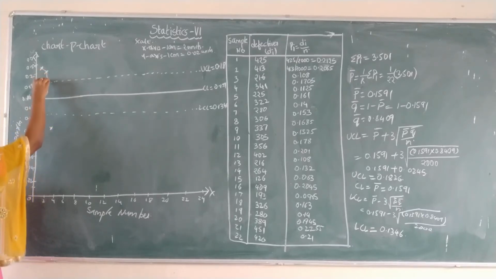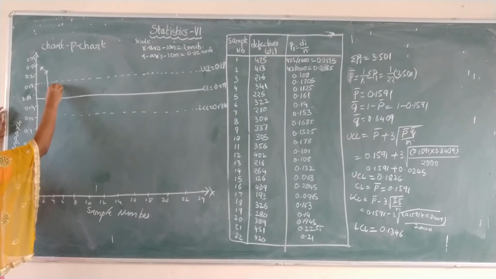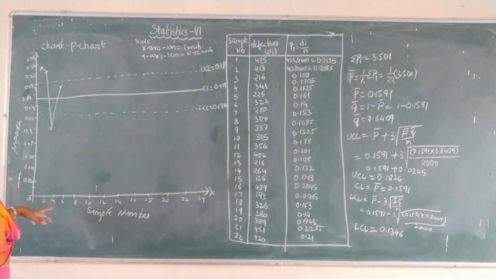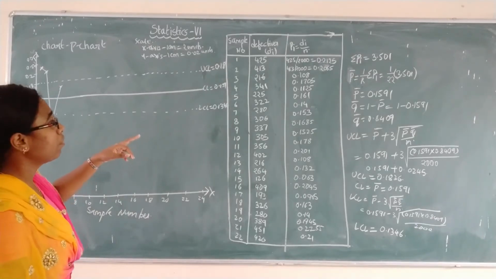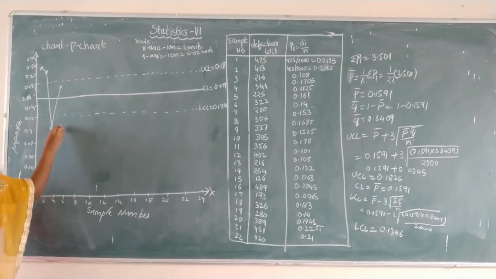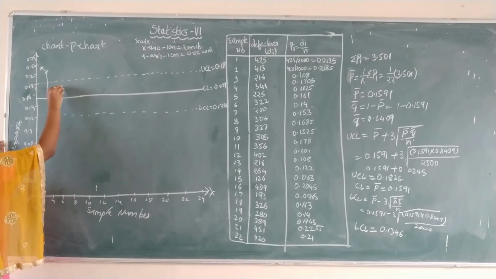Join this. Next, for the fourth sample, the value is 0.17. It is here. Join it. Next, for the fifth sample, the value is 0.16. Join it.